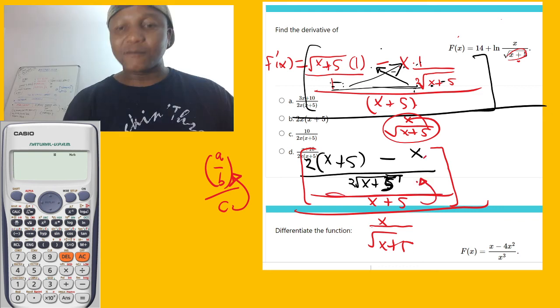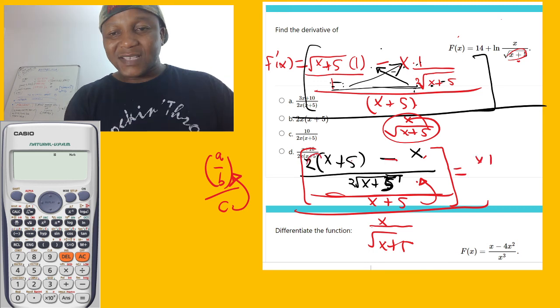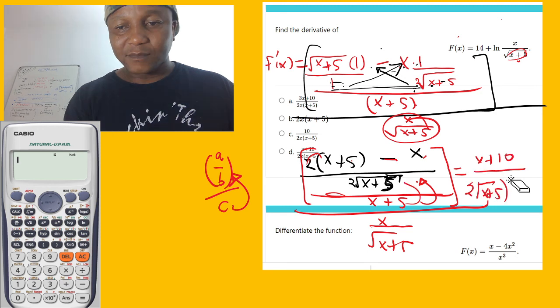Okay, so we're going to say then, but look here, 2 times x, 2x plus 10 minus x is going to be x plus 10, and then over, if this comes here, remember you have your 2 times the root of x plus 5 multiplied by x plus 5 with no root.